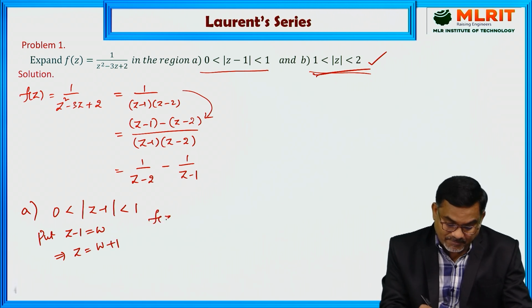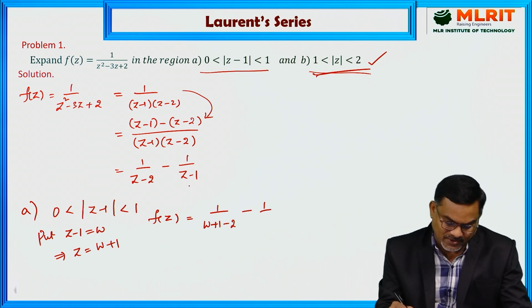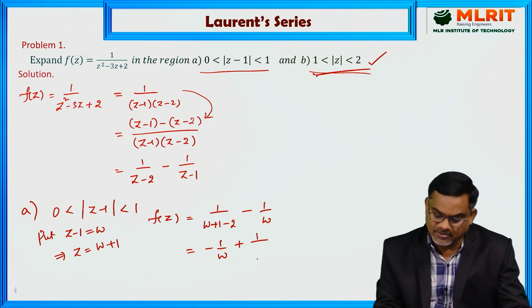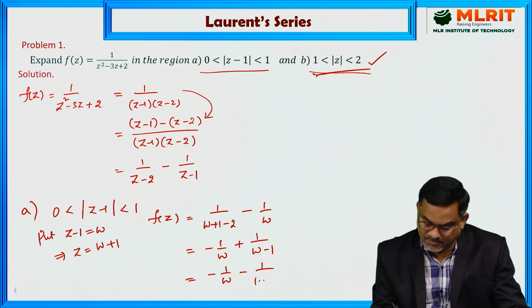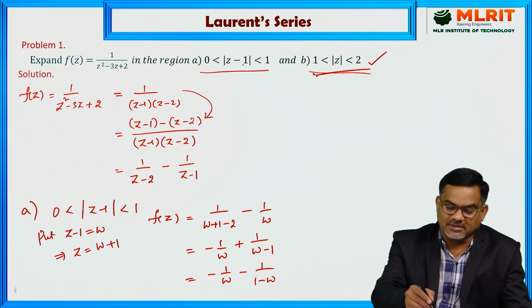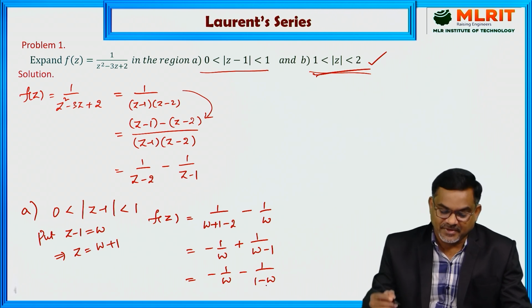Then f of z becomes 1 by (w plus 1 minus 2) minus 1 by (z minus 1 which is w). So, this is minus 1 by w plus 1 by w minus 1. So, I will write this as minus of 1 by 1 minus w, since here mod z minus 1 is less than 1, so I have written in this form 1 minus w.